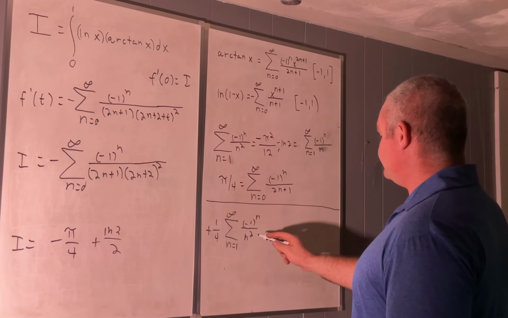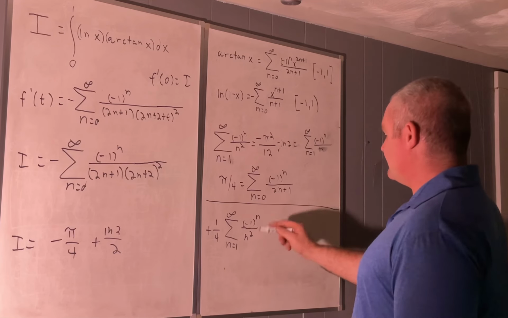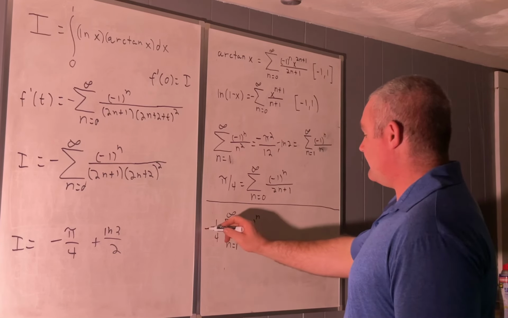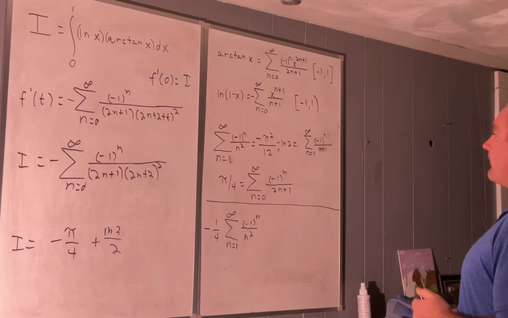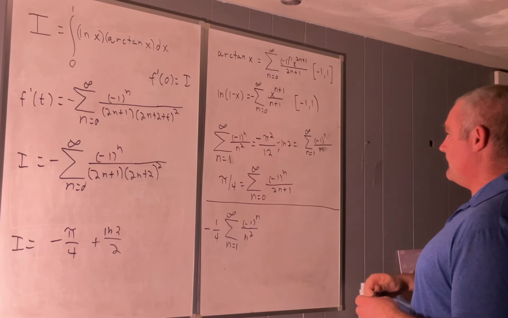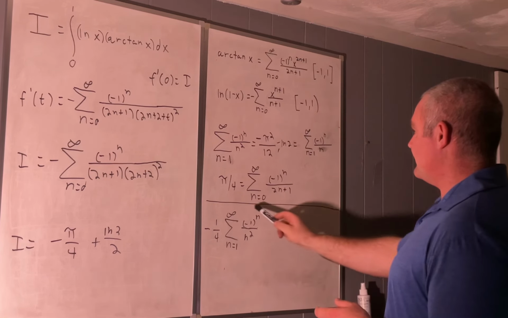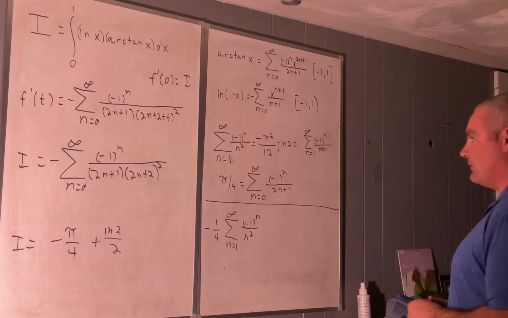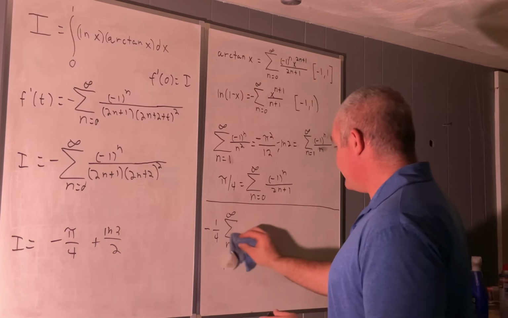And this will become a negative. Right here, we have that this is equal to negative pi squared over 12. So this will become a plus pi squared over 48.